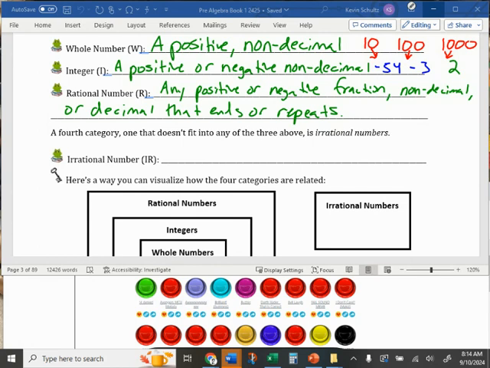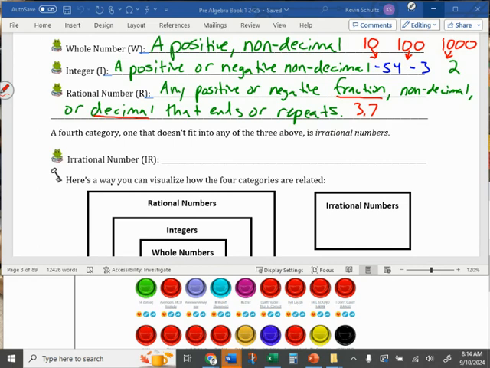Where these differ is because rational also includes fractions and decimals. So a number like 3.7 is rational because it's a decimal. Is it an integer? No, because integers are only non-decimals.